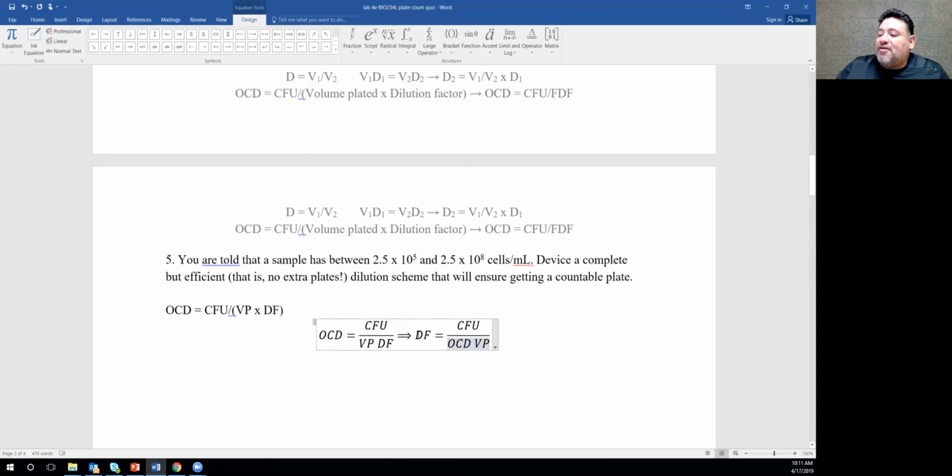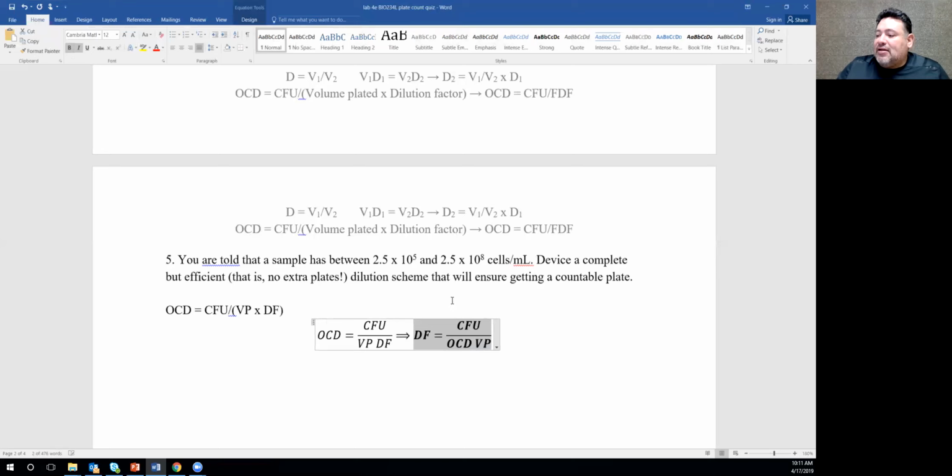So we're going to follow this equation right here. In order to find every possibility, you have to do one with high OCD, low CFU, and the other with low OCD, high CFU. We'll put it in red so nobody can miss it.